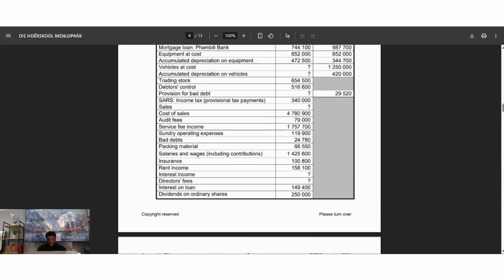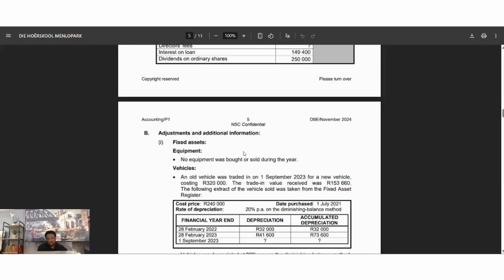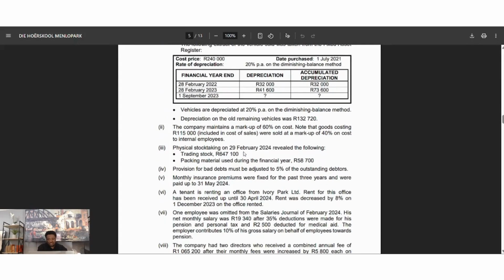So we don't have other incomes to consider, sorry about that. But then we need to consider other things like a trading stock deficit or a trading stock surplus. So trading stock is given as 654, and if we look at the information that has been given, we have 647. So you can see in this case we have a trading stock deficit, which we'll deal with later.